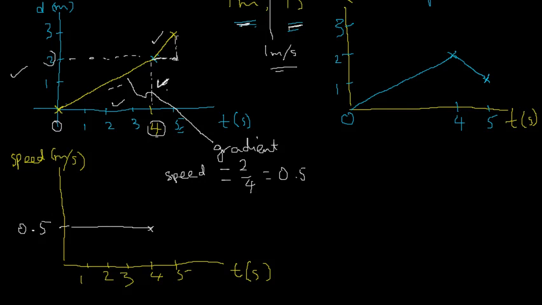We need to take this vertical part, which is distance, and divide by the horizontal part, which is time. The vertical part here, from reading the axis, is just 1 meter. The horizontal part, again from reading the axis, is 1 second. So clearly we need to divide the distance by the time, which happens to be the vertical and horizontal. So once again, the speed is the gradient of this part of the graph.